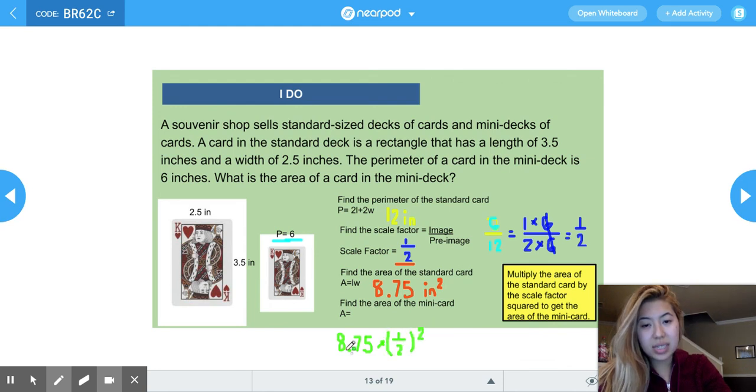So half squared is the same thing as 8.75 times half times half. When we multiply a number by half, that's the same thing as dividing it by 2. So we're basically doing 8.75 divided by 2, and that gives us 2.1875 inches squared.